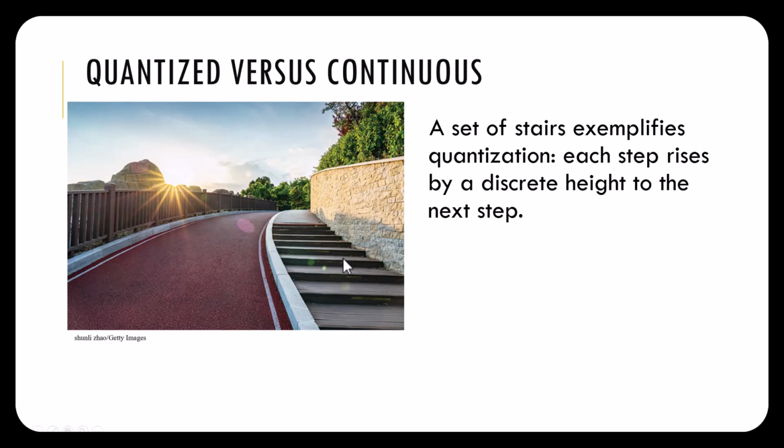But it turns out that light behaves more like these stairs. There's little packets of energy associated with light. So the stairs are our example of quantization. There's these discrete little packets, and not a continuous smooth transition. So this stair is one packet of light. This stair represents another packet, and another packet, and another packet.